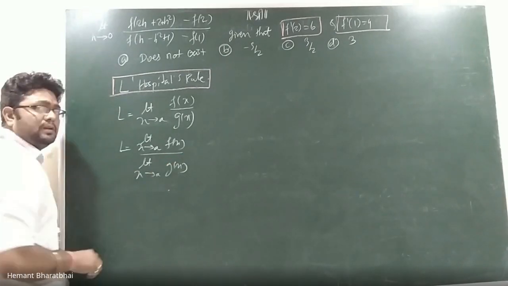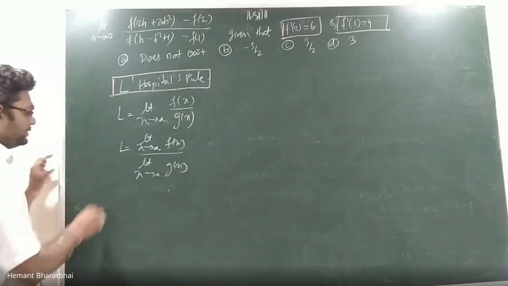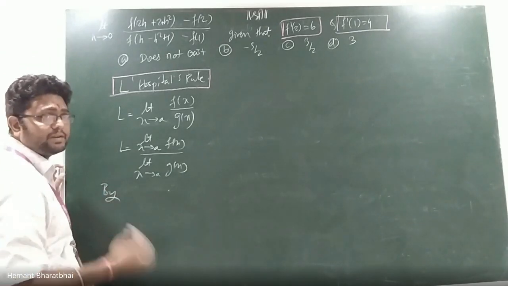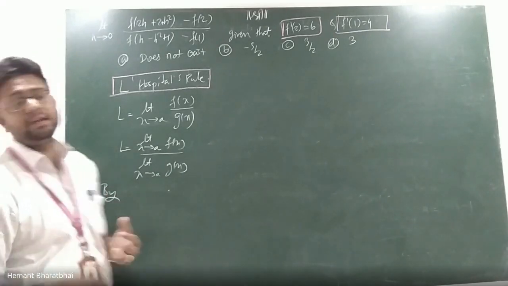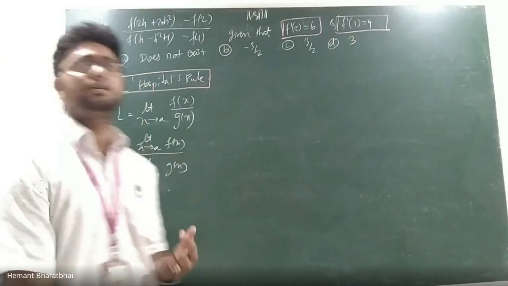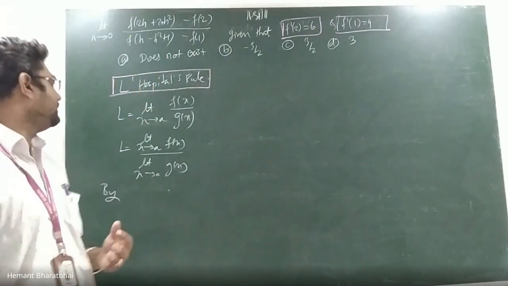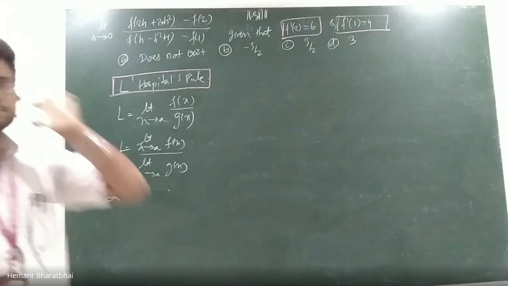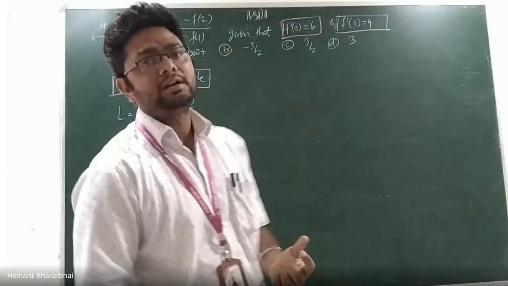And now, the moment I write L'Hospital's rule, I can take derivative. L'Hospital's rule is nothing but taking derivative. Whenever we have numerator upon denominator, that is the time I can apply L'Hospital's rule. We don't do anything else, nothing new.